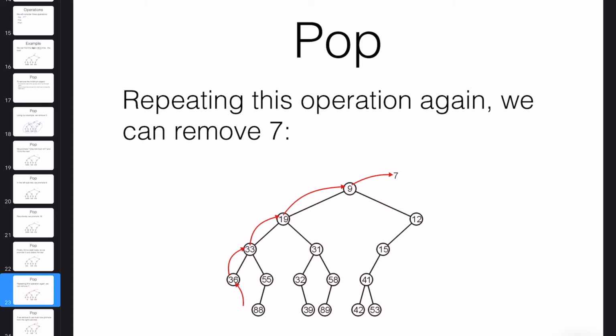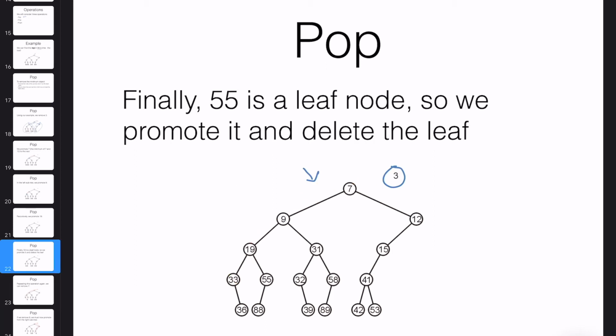You copy that and you want to remove it. Then you compare the left and right subtree. The minimum one was going to be 9, so you copy 9. And then you compare the left and right subtree. The minimum one is going to be 19. You copy that. Then you compare the left and right subtree. The minimum one is going to be 33. It will be copied.